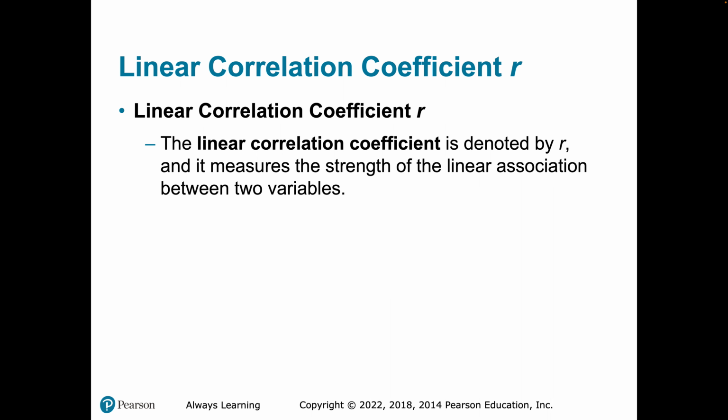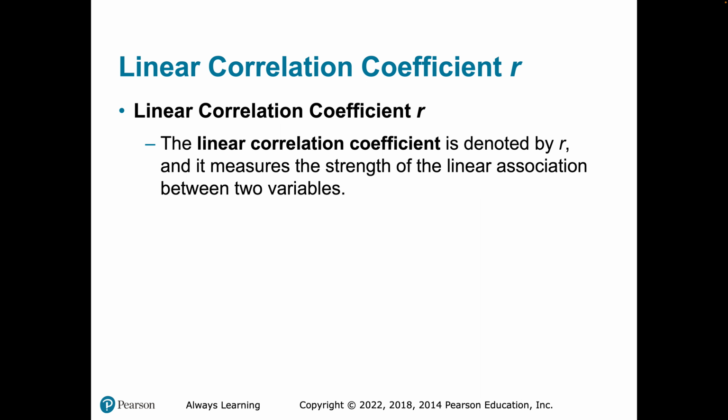Now, the correlation coefficient is denoted by lowercase r, and it gives us additional information about the strength of the relationship between the two variables. A linear correlation coefficient tells us the strength of the linear association between two variables.